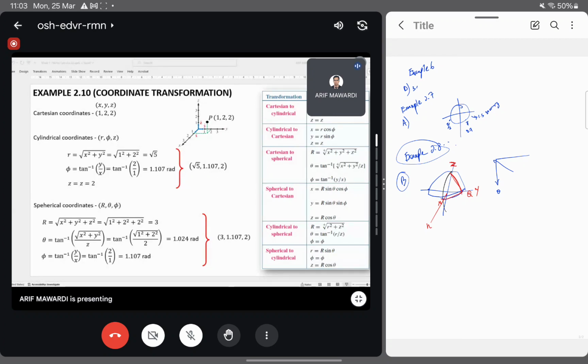And then for the second coordinate variable, y is equal to r sine phi. I substitute the value for r here and the value for phi here, so r sine pi over 3. So I get 3. And then for the third coordinate variable z, z in the cylindrical coordinate system is equal to z in the Cartesian coordinate system.